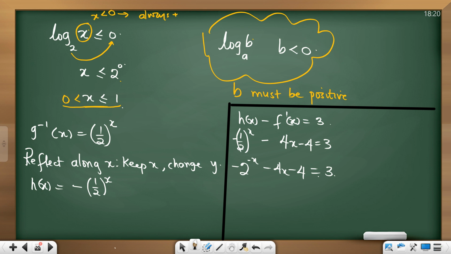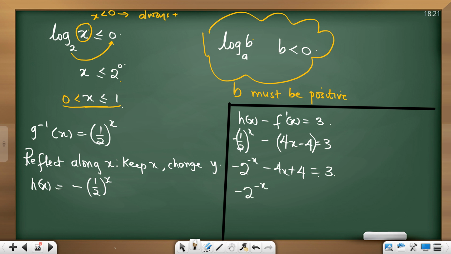Oh, no, it's actually supposed to be in brackets. Sorry, you're correct, because it's minus that. Sorry, my bad. So minus 4x plus 4. Okay? You took the 4 over. So you have what?